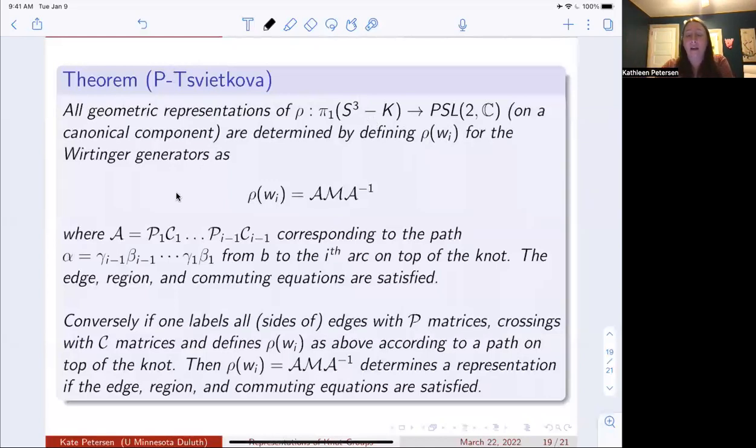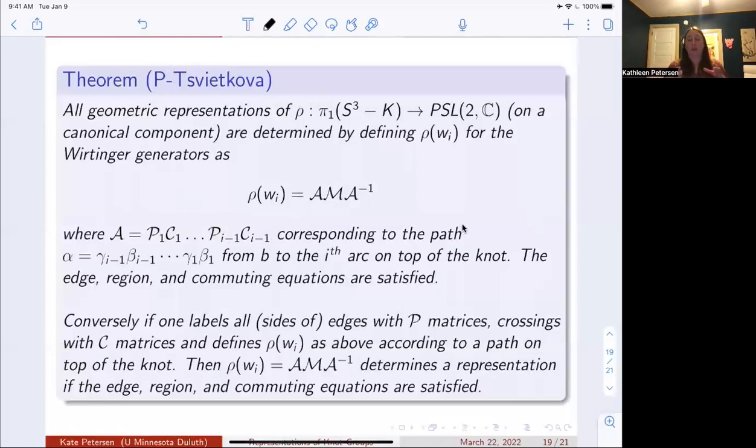And so that path corresponds to peripheral pieces and crossing pieces. And this script A is that path written backwards in terms of the nice normal form for it. Okay, so we have A M A inverse for our Wirtinger generator.